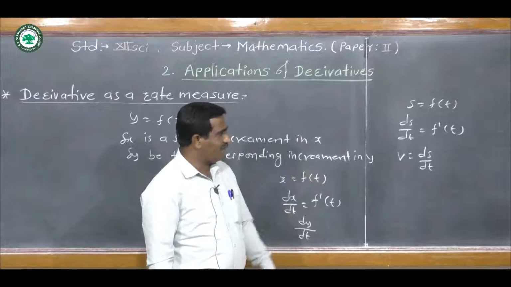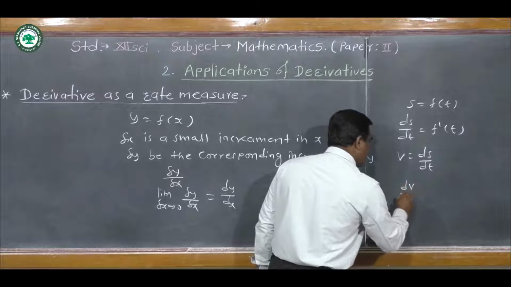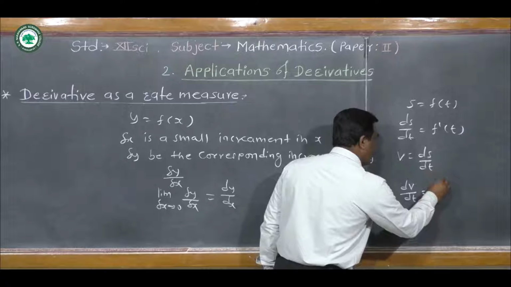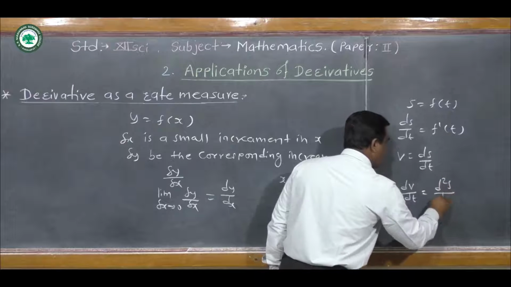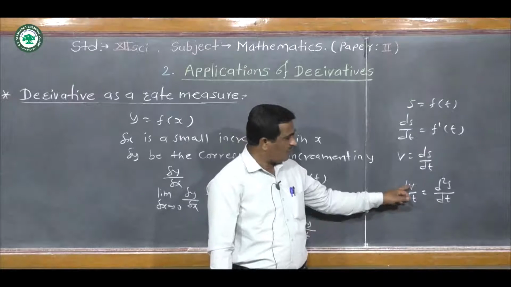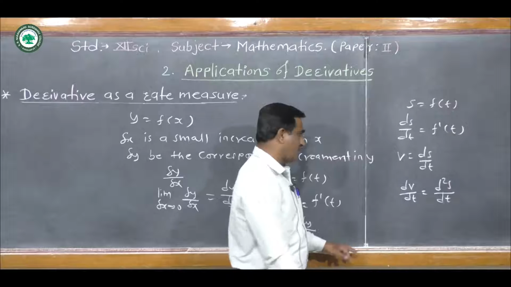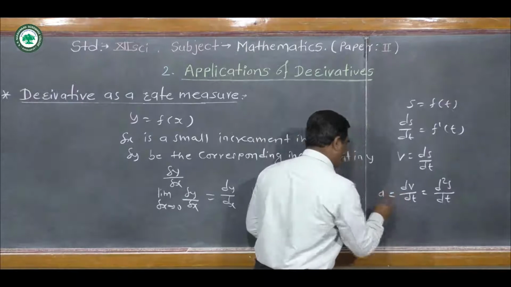If we take the derivative of this again with respect to t, then we get dv by dt is equal to d square s by dt square. This is also nothing but the rate of change of velocity with respect to time t, and this is called acceleration. It is equal to a.